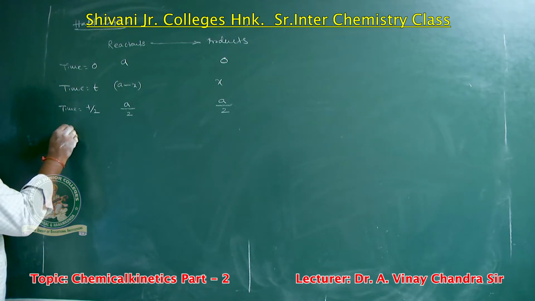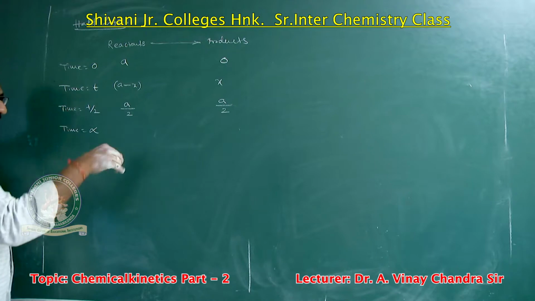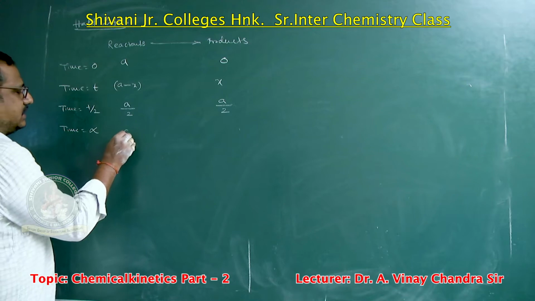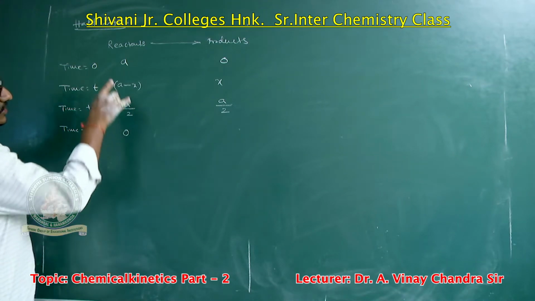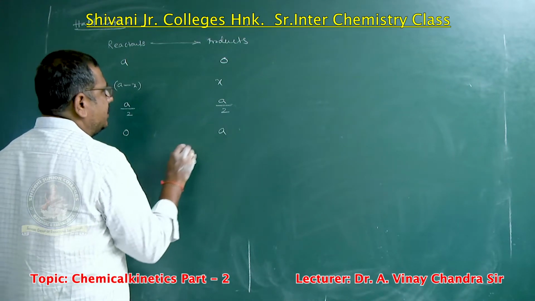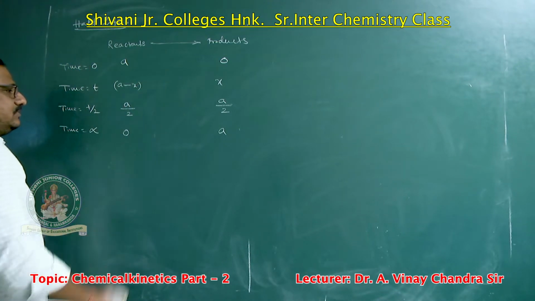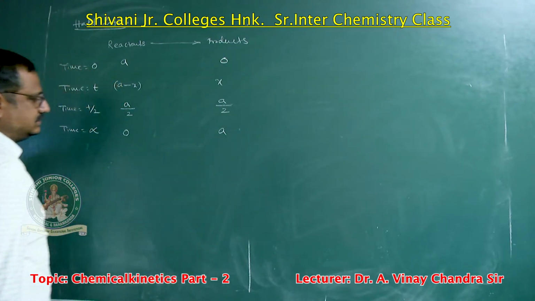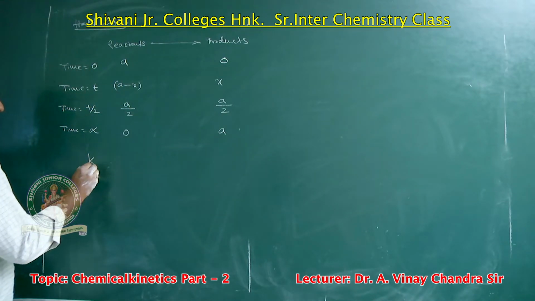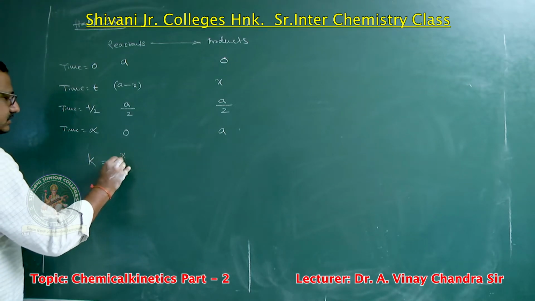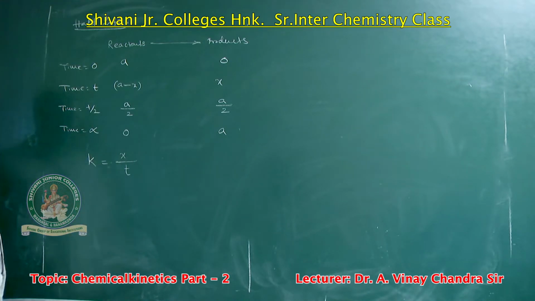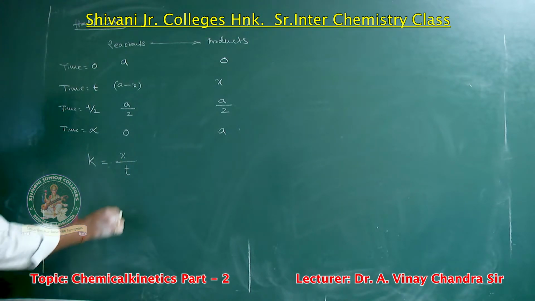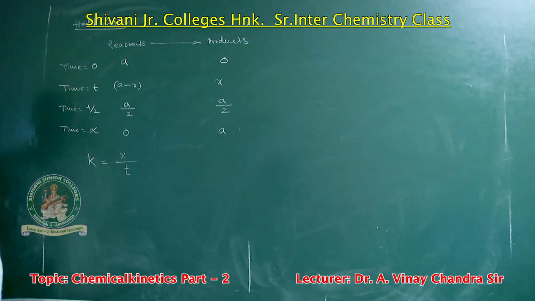At time equal to infinite, whatever the maximum time, all reactants are converted to products, so reactant is 0 and products are A. Over time, reactant concentration decreases and product concentration increases. Now, for our zero order reaction, the rate equation is K is equal to X by T, where X is the concentration of the material, T is time, and K is the rate constant.